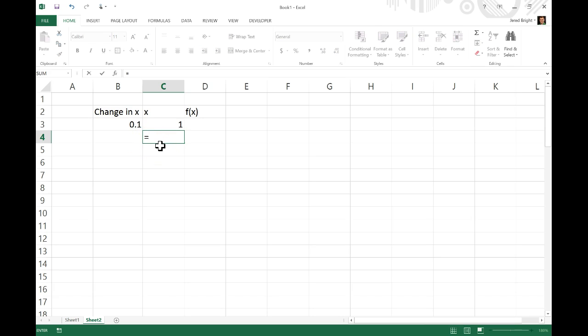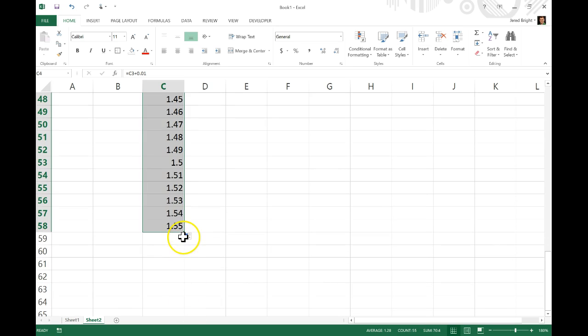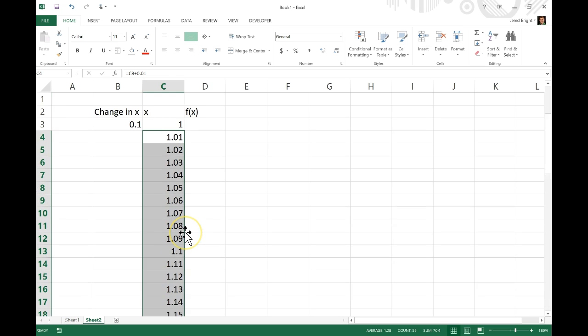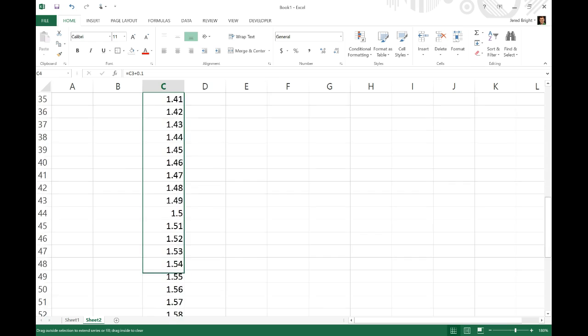So each subsequent x value, I need to start with the one that I had above and add 0.1. Okay, and I'm just going to drag this down until I get to 6. So it's going to be a while. Oh, and I have the wrong value. I need 0.1 and then drag that down.